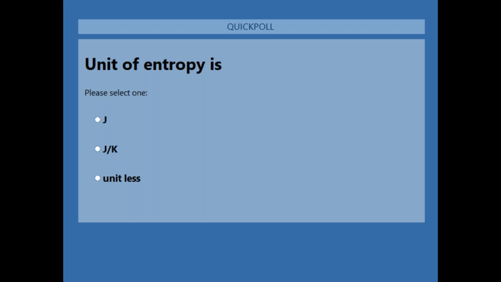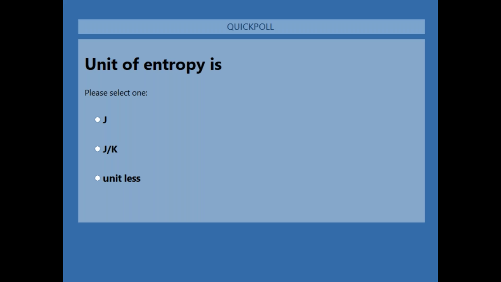But there are some students who are still struggling to understand the units. If you understood the expression for entropy change, it is common sense that if you know the unit of entropy change, you can know the unit of entropy also.